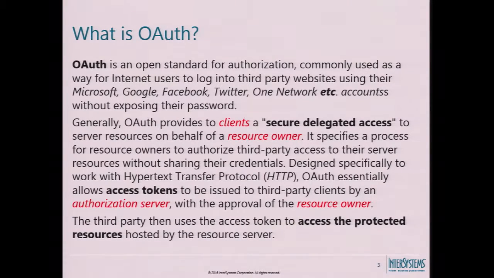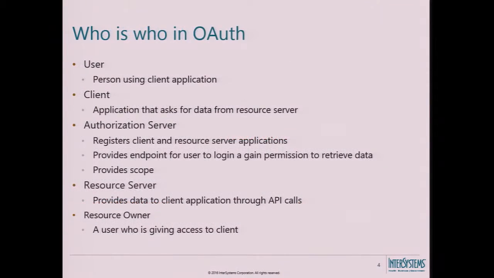When we're talking about OAuth, we are mostly talking about applications that use the HTTP protocol to communicate. On this slide, you can see the individual roles which the OAuth specification mentions. We have a user, typically the physical person who owns and runs the client application. We have a client, the application that is asking for the data.